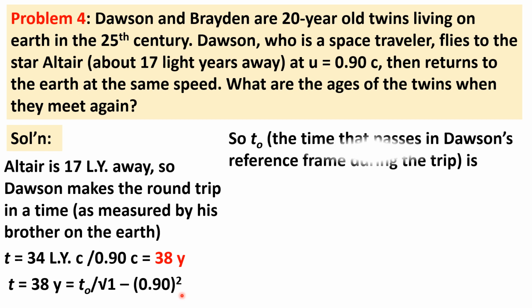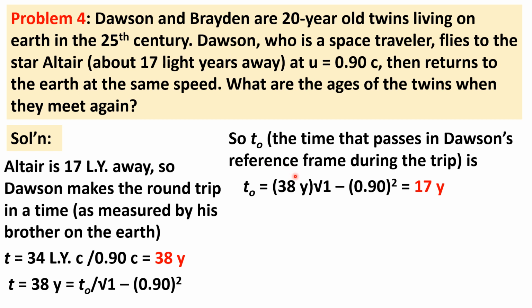And the value t naught, which is the time that passes in Dawson's reference frame during the trip, can now be calculated as 38 years multiplied by the square root of 1 minus 0.90 squared. And doing the math, we get the value for t naught, which is 17 years.